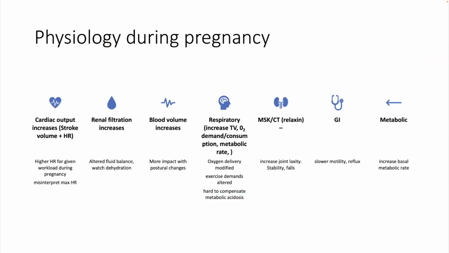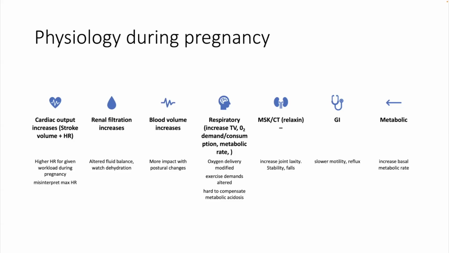So physiology during pregnancy. I mean, of course, for boards and things like that, you probably need to know a little bit more in terms of detail, like how much the stroke volume is changing. And remember, from a cardiovascular standpoint especially, that's going to change every trimester. But putting those numbers aside, really, how does that change your advice for your athlete, right?